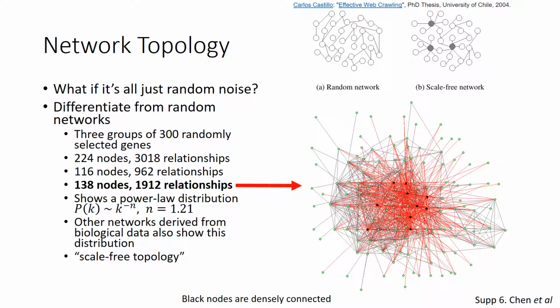So what if this is all just random noise? We have to notice important characteristics of the relationships, which show a very interesting shape. It's called a scale-free topology. On the top here, the left picture is a random network, and you can see it's just absolutely random, nothing special about that.